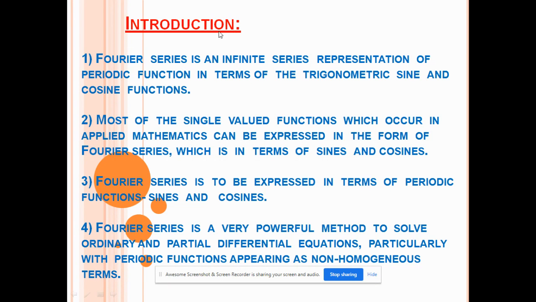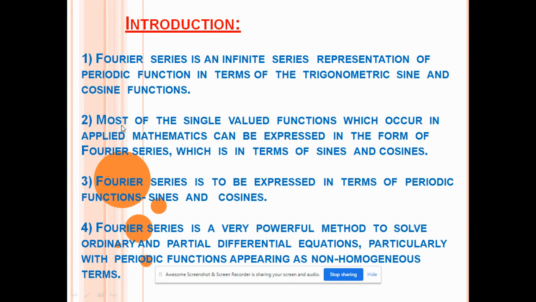Before that, the introduction of Fourier series is: Fourier series is an infinite series representation of a periodic function in terms of the trigonometric sine and cosine functions. Means trigonometric Fourier series is an infinite series, and this is the representation of the periodic function in terms of the trigonometric sine and cosine functions.